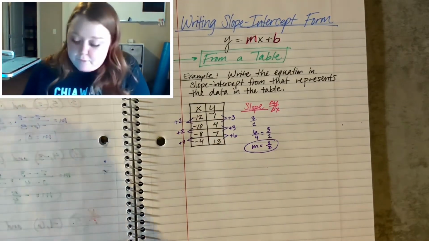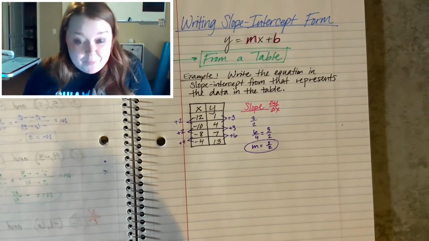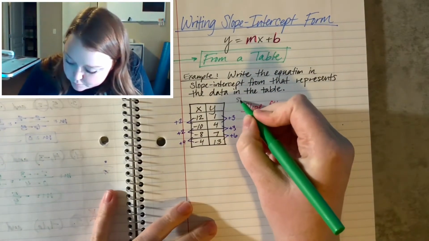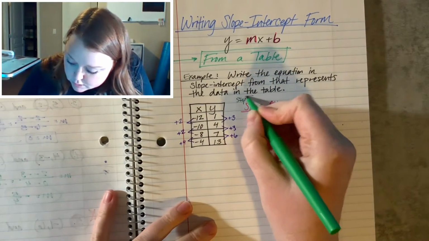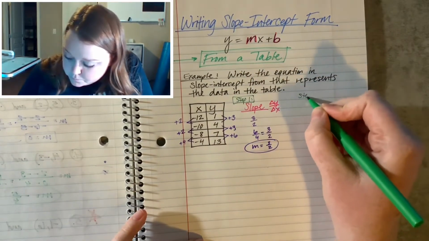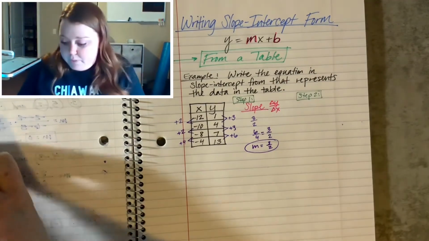We have to find our y-intercept. By the way, this would be step 1 if you want some steps. Step 1 would be find slope. Step 2 would be solve for b.